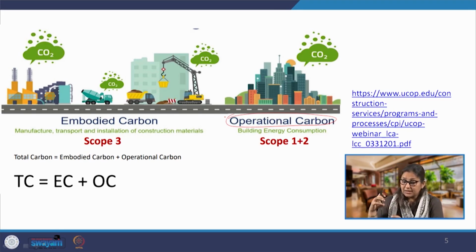This is the energy or the fuel that is consumed when the building is in operation, and if we look at the data, we will see that a large amount of this energy is actually going in conditioning the spaces for creating thermal comfort indoors in the buildings. That is where a large amount of operational emissions are happening.